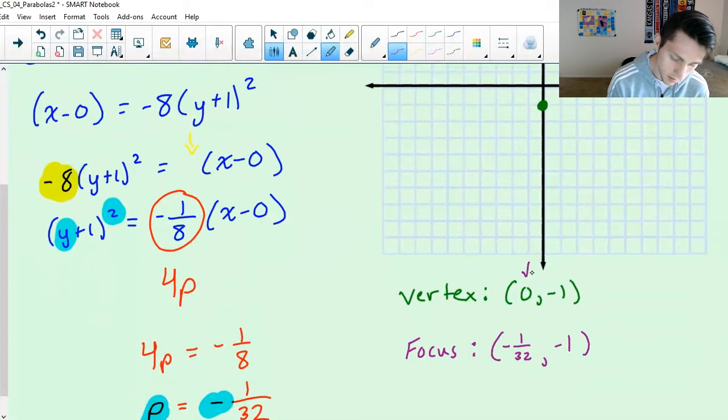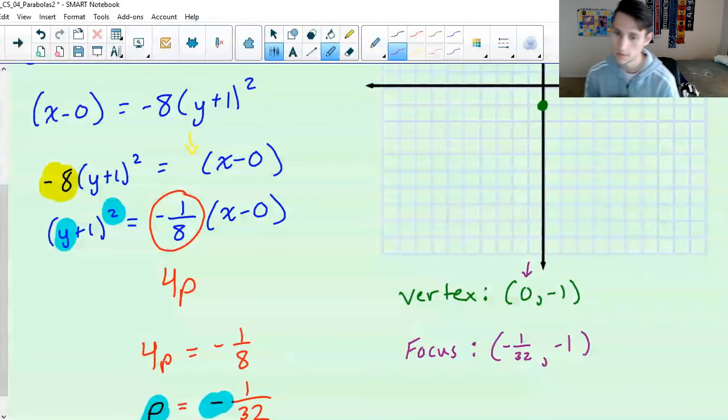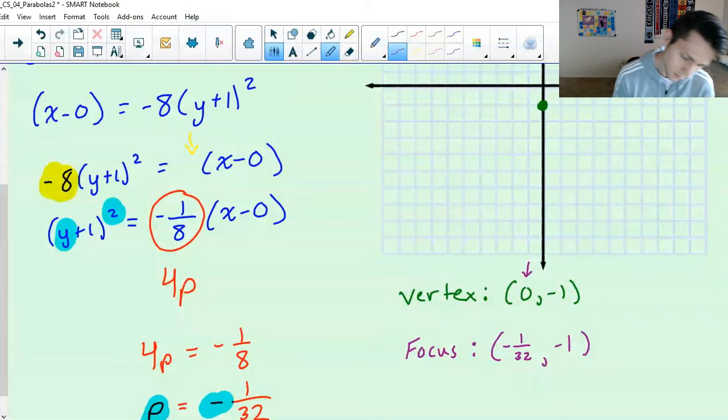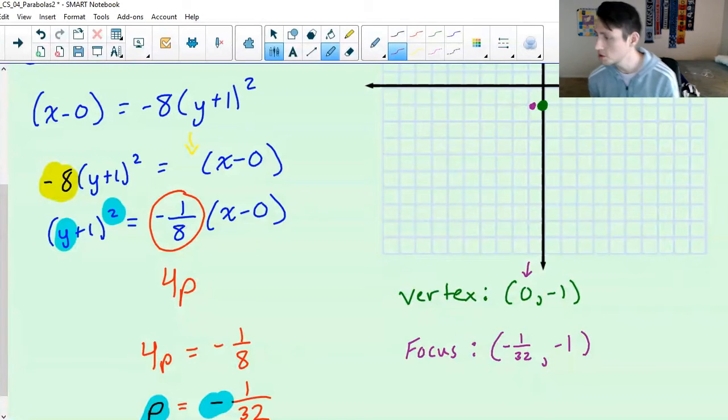So the vertex starts at 0. Then if I move to the left 1/32, that's just negative 1/32, negative 1. Now, that'll be very difficult to draw. This is not drawn to scale. I probably should have picked better numbers. Not good choices by me.